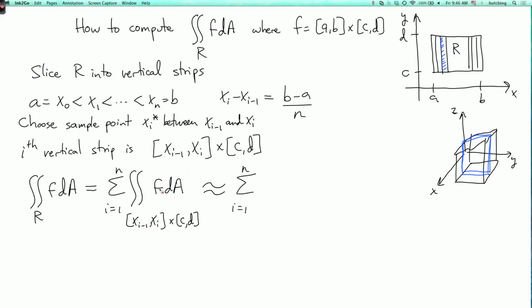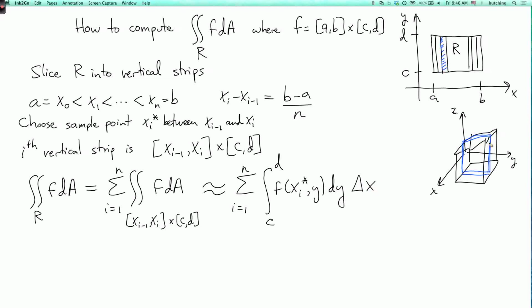So this is approximately the single integral, where y goes from c to d, of f of xi star, comma y, dy, times delta x.